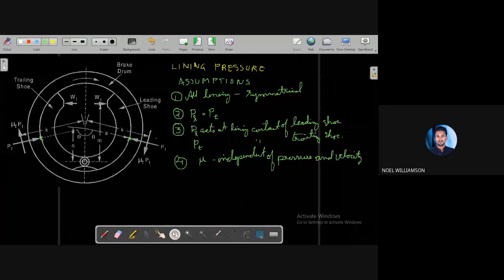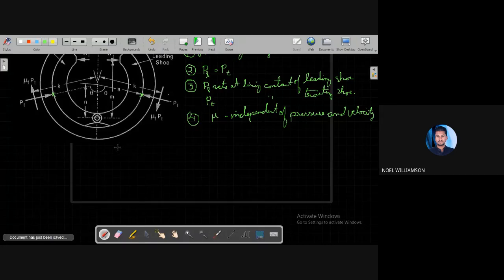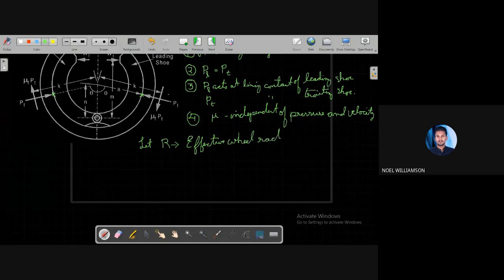Okay. Now let us see the abbreviations, that is, what all abbreviations will be coming. Capital R is the effective wheel radius, in meters.